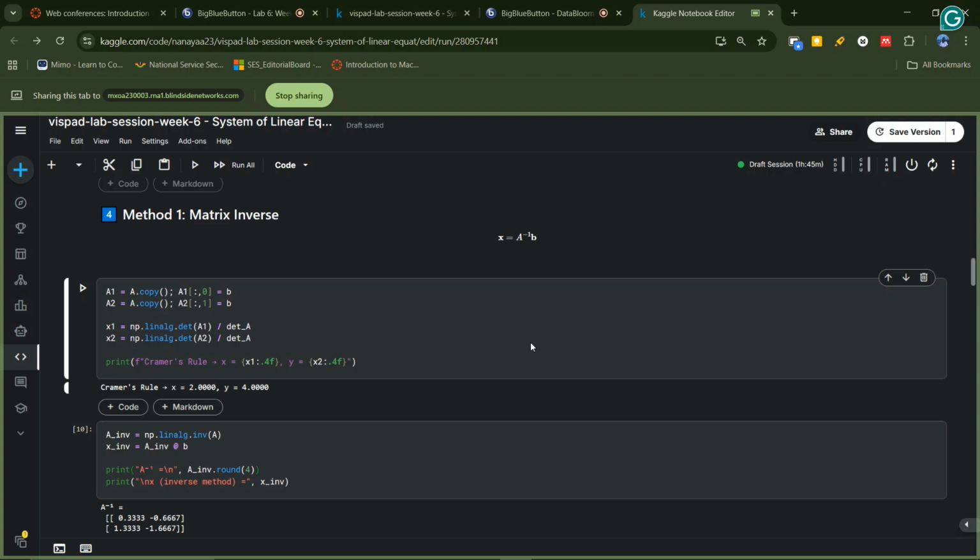So x is equal to det of A superscript x, all over det A, the determinant of A. Remember, I've already calculated that and it was 3.